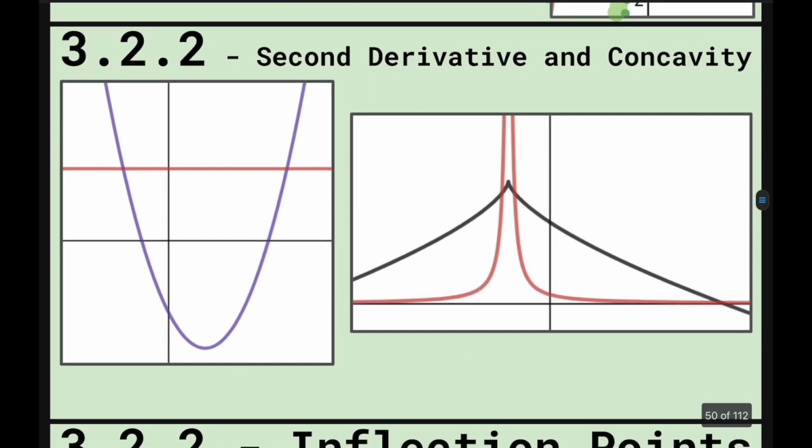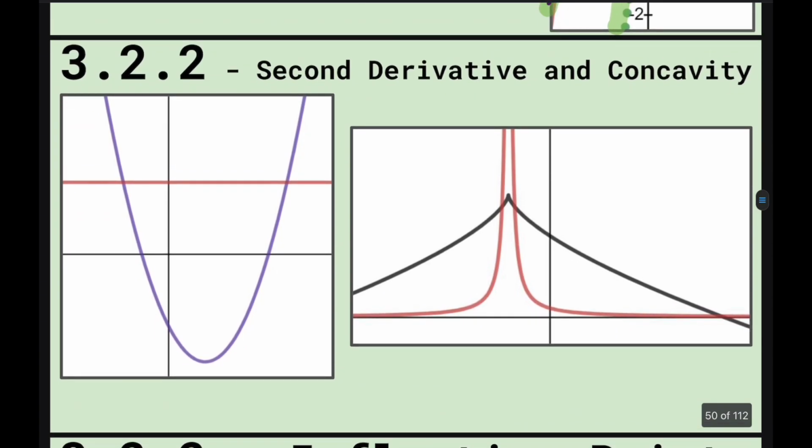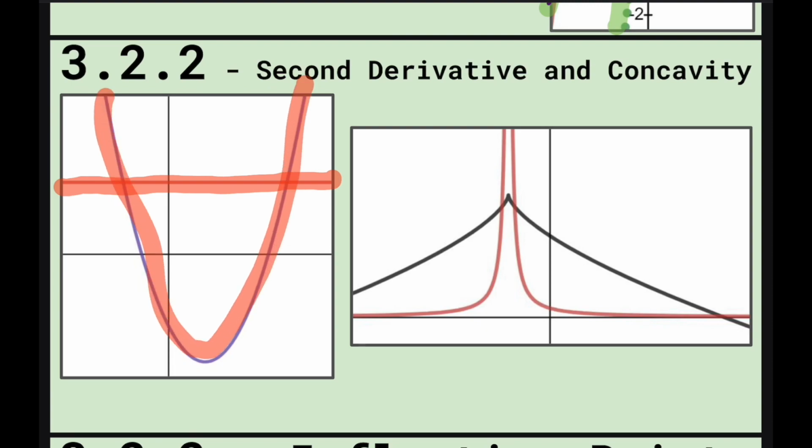Okay, the second derivative and concavity: you can notice right here that this purple one on the left is quadratic. The second derivative of anything that's quadratic is just a constant. And if you notice, this constant is positive because a quadratic like this is always concave up, so its second derivative is always going to be positive. This also makes sense if you actually work it out. Say you had f of x equal to, I'm just going to use a very simple quadratic, x squared.